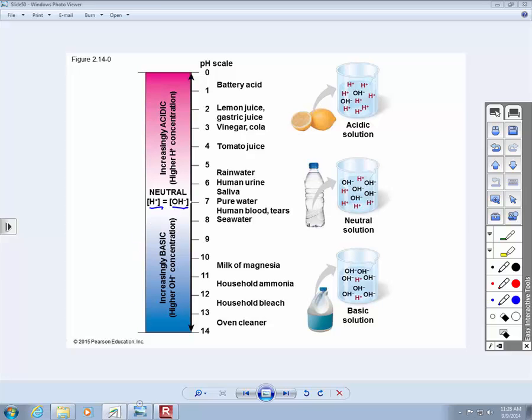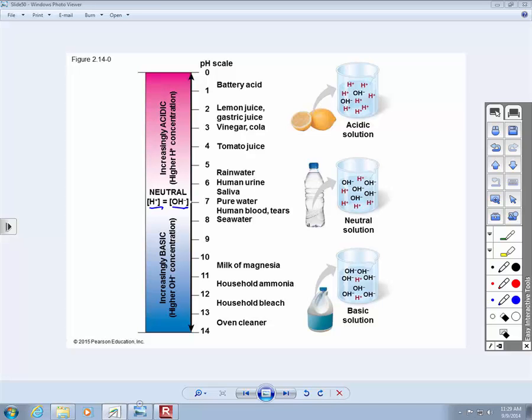If you go from pH 7 to pH 6, you have 10 times more hydrogens. That's just human urine, saliva. It's a little bit acidic, not much. Rainwater, look at where that is right now. pH of 5. Tomato juice, 4. Tomatoes are pretty acidic, like I said. Pizza. Then you get into cola.